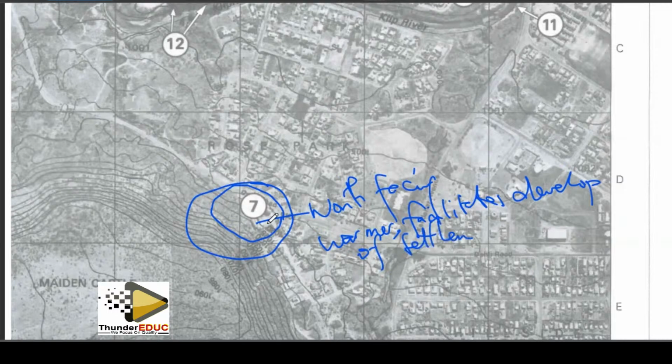This is a north-facing slope. It's facing to the north. And this map is a southern hemisphere map, which means this part receives insolation from the sun and is warmer than the other side, which is south-facing. So we're looking at slope aspect as the north-facing slope.